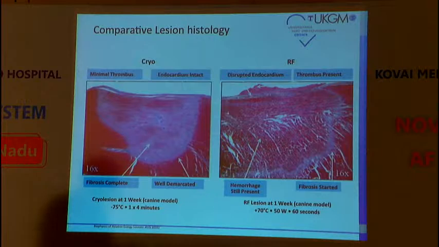In other words, after RF ablation, sometimes you see thrombus formation, which you do not see after cryoablation. It's more homogeneous. So everything we tell the patient, that this is a softer operation, we also see on a cellular basis.